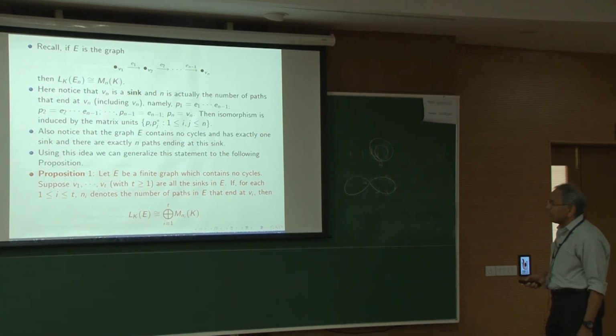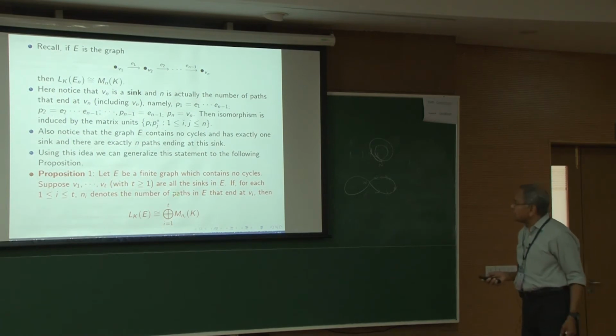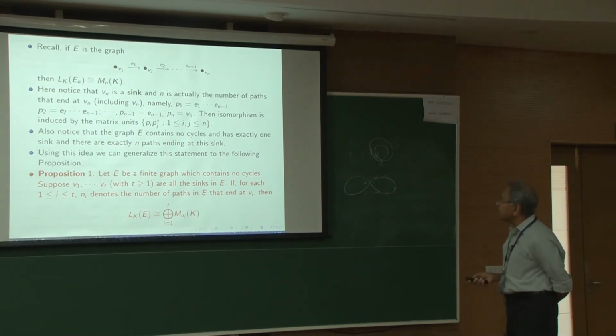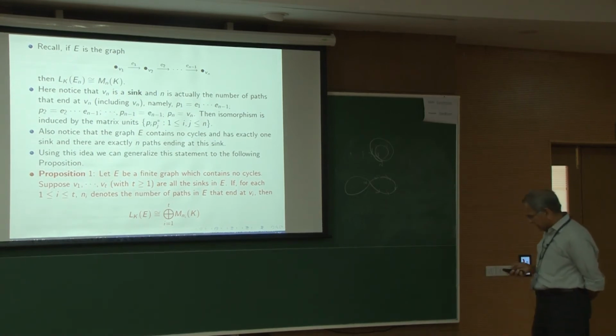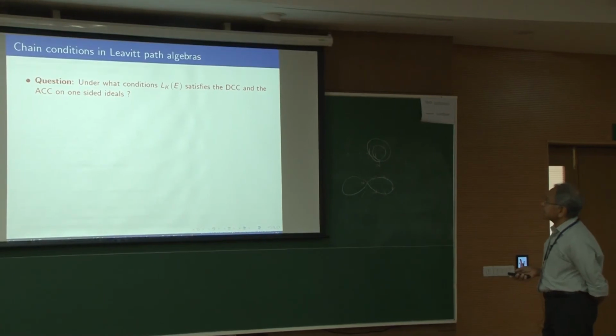Then the Leavitt path algebra decomposes as the direct sum of these T matrix rings, M_{n_i}(k), where n_i is the number of distinct paths ending in the sink v_i here. So there's a very convenient, nice construction here.